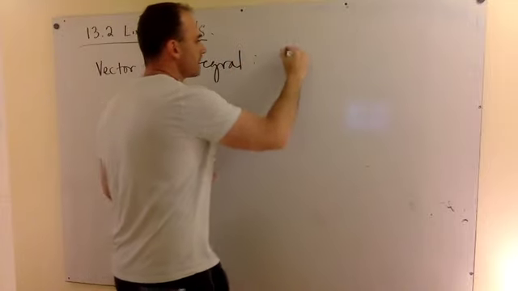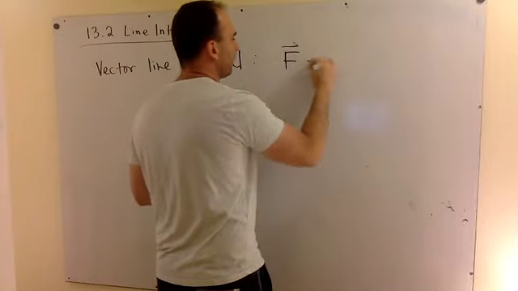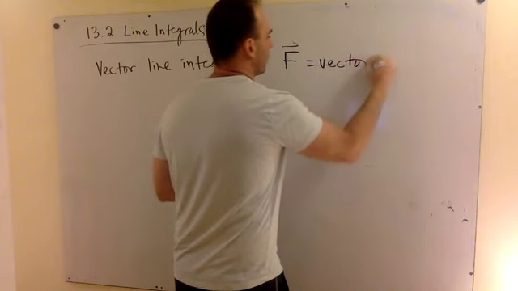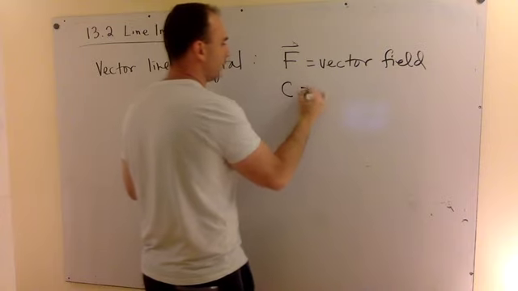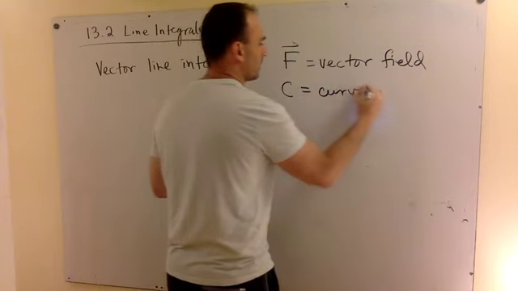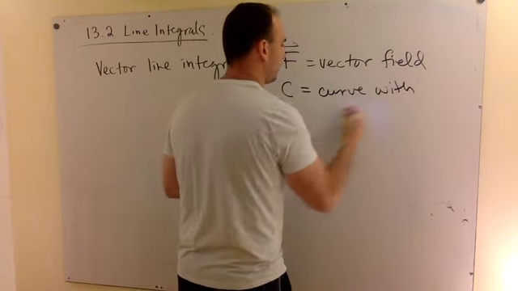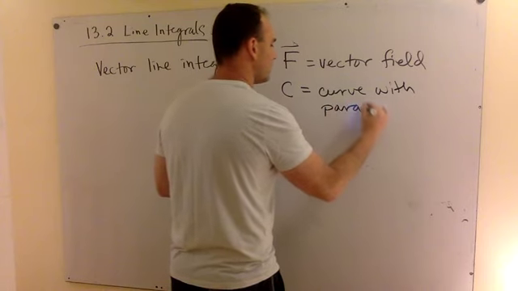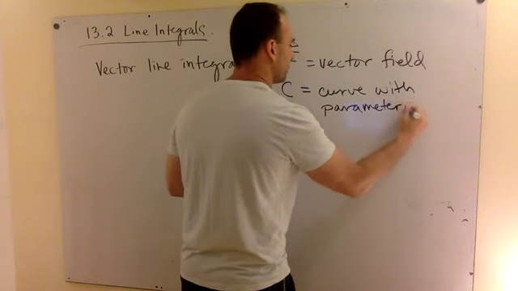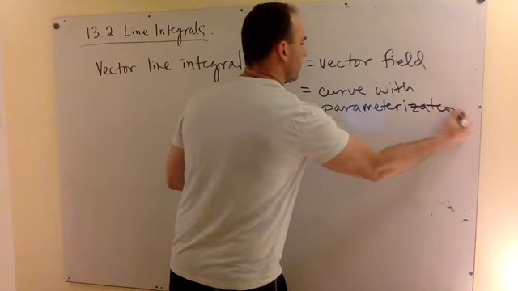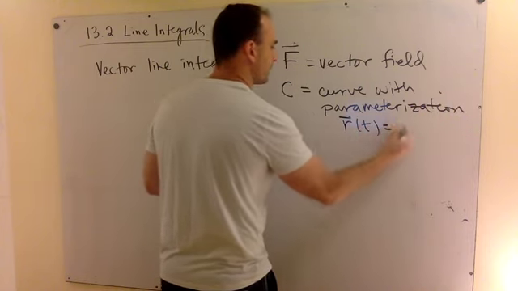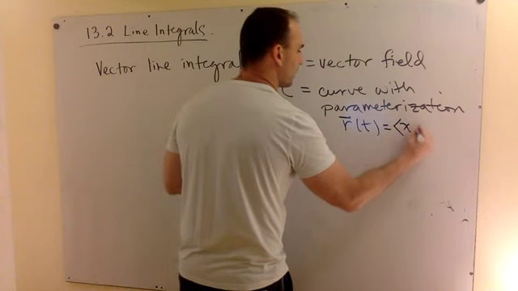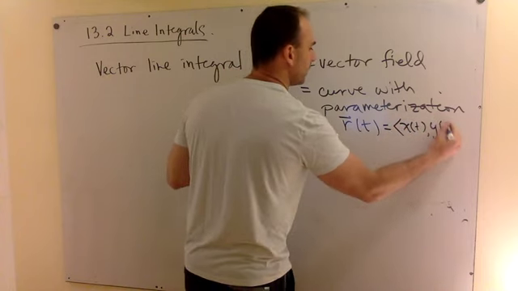I have a vector field, and then I have a curve with parameterization r(t), so this is x(t), y(t).